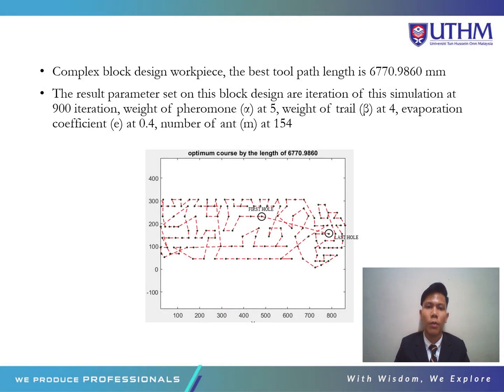While for the complex block design workpiece, the best toolpath is 6770.9860 mm with the same best parameters at 900 iterations, weight of pheromone at 5, weight of trail at 4, evaporation coefficient at 0.4, and number of N at 154.